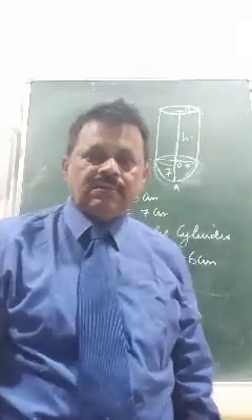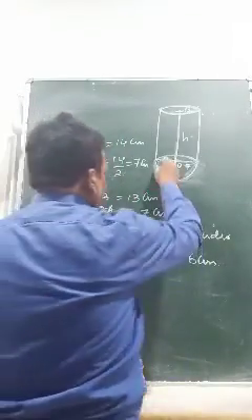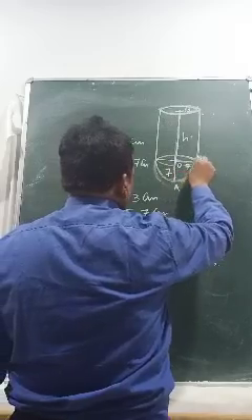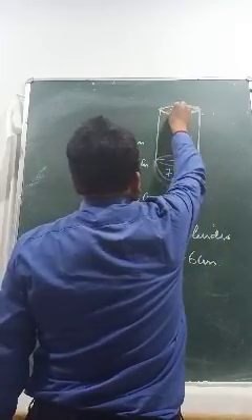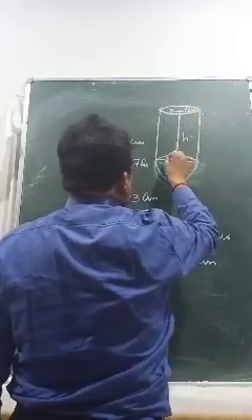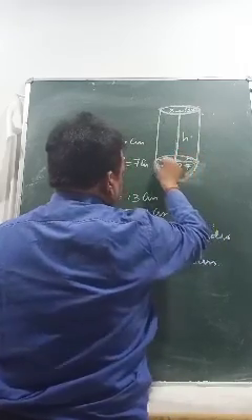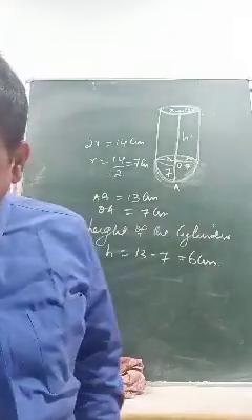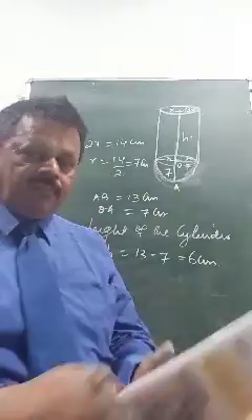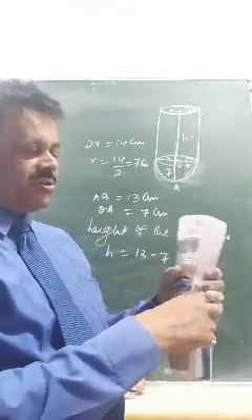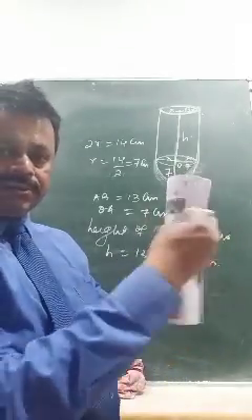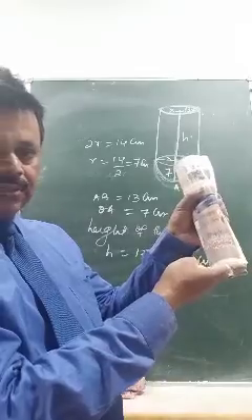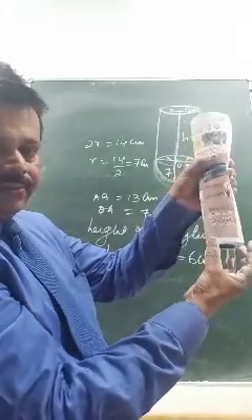Okay. Now your question is find inner surface area. Inner surface area means this curved surface area. This will not be counted because this is hollow, this is also hollow, meaning outside curved surface area. Curved surface area means outside. This is not counted. This is also not counted. Then there is a ball here.